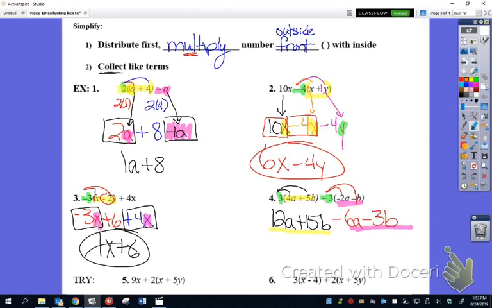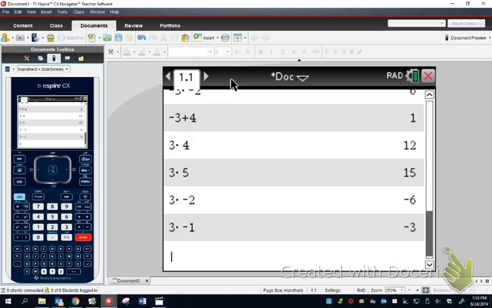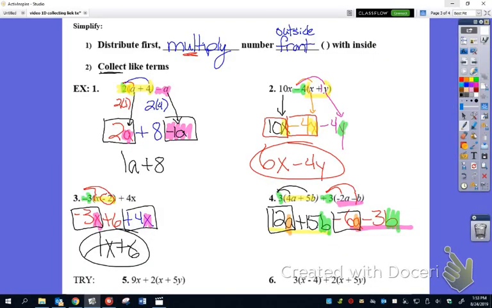So my variables, I have a, here's an a, and then b, here's a b. So you have to put those together. 12 minus 6. So I'm going to hit 12 minus 6, which is 6. So that's 6a, and then you've got 15 minus 3, which is 12b.